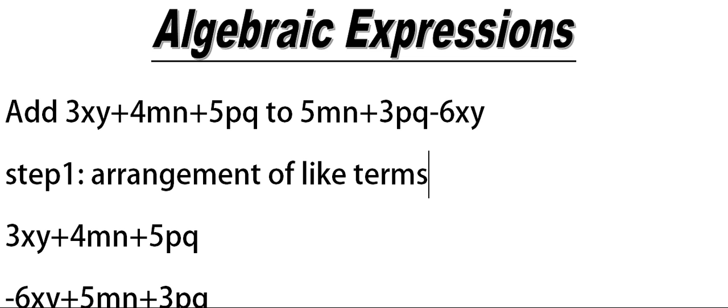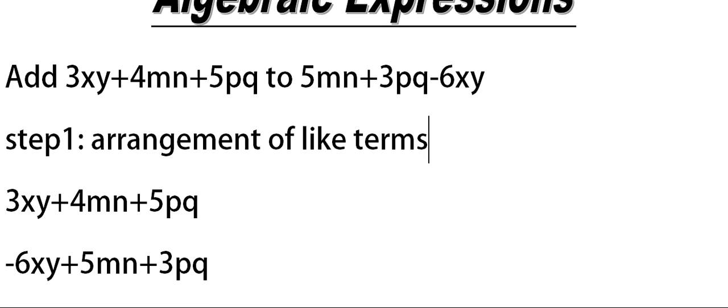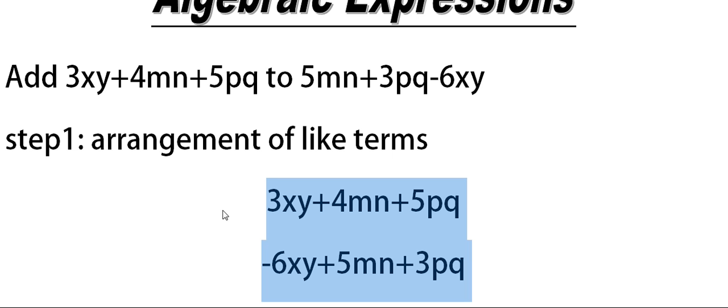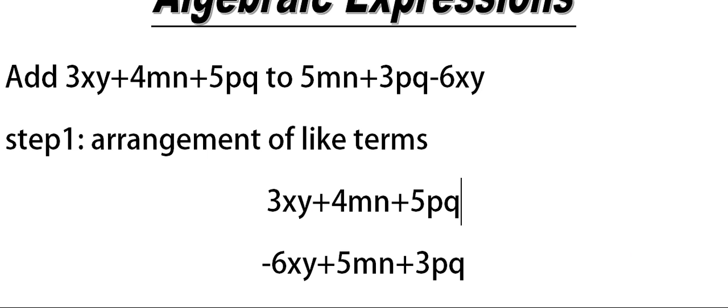You have to sort them out and arrange them in a way that the same terms are written in order. Okay. Now I have to add this. Now I will show you how you will add this.